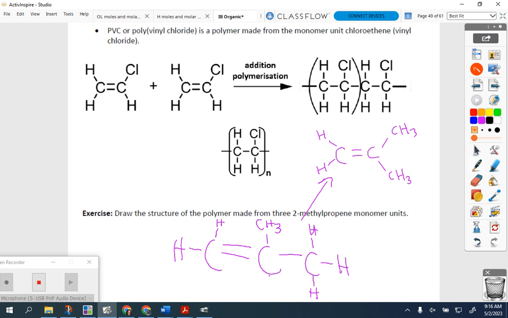Is this something like this? Just put two of them together? Not exactly. So I suggest, again, looking at the way that I drew it. The way that Jacob drew it is correct, but the way that I drew it is going to make it a little easier to make your polymer.